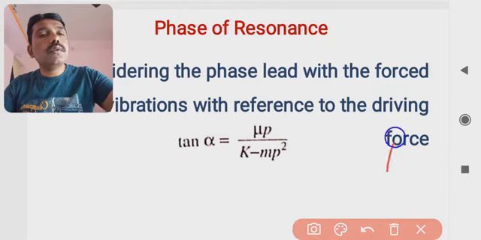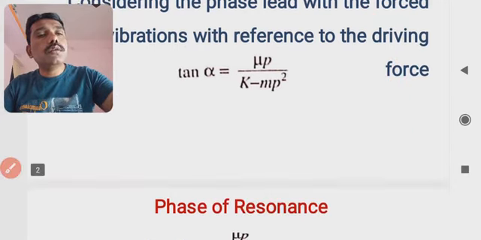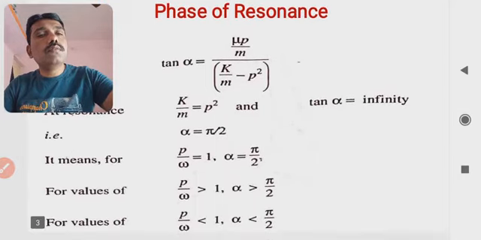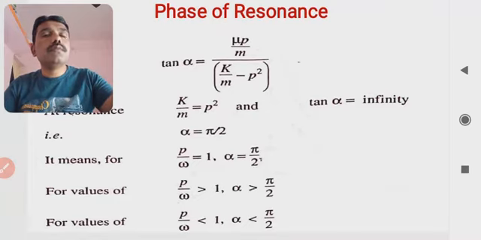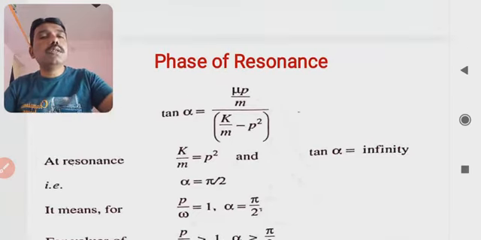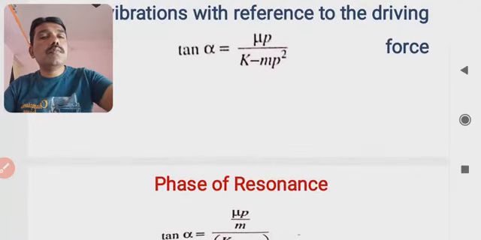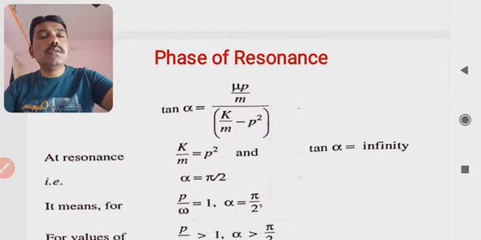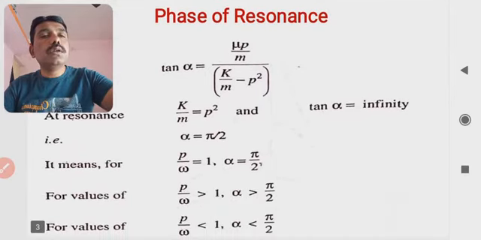So moving forward, tan of alpha, in simple way, with the driving force, at the resonance point is k minus m p square equal to 0, and in this case tan of alpha is mu p by m.